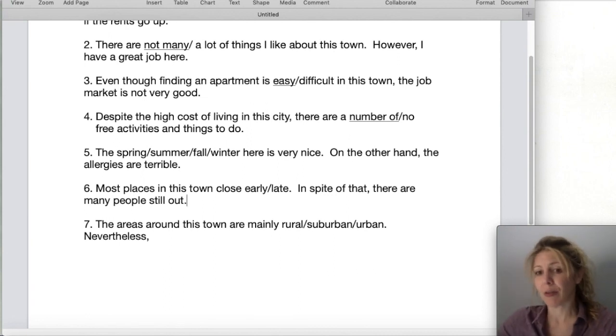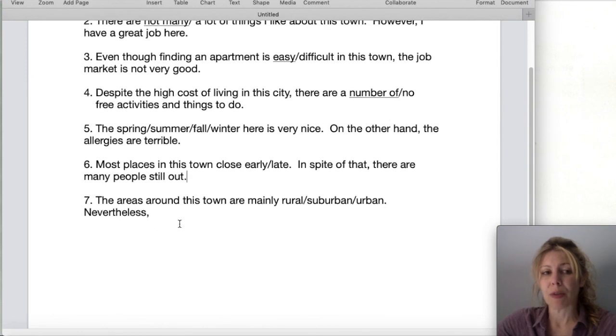Okay, so you still see a lot of people out and about. Even though a lot of places close early, there's still a lot of activity. You could say most places in this town close late. In spite of that, there are not many people out. So you think of the opposite.